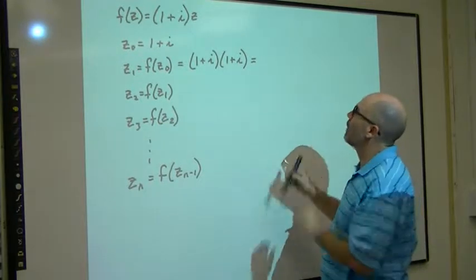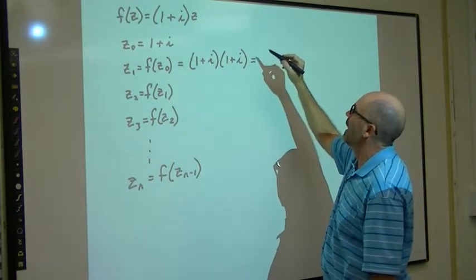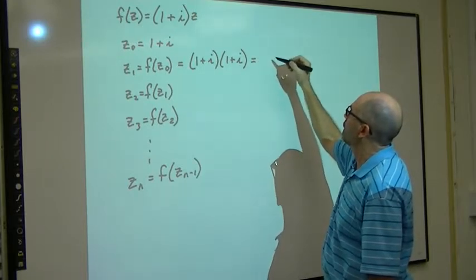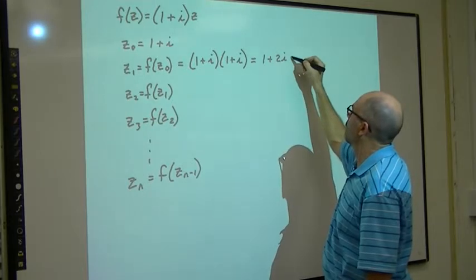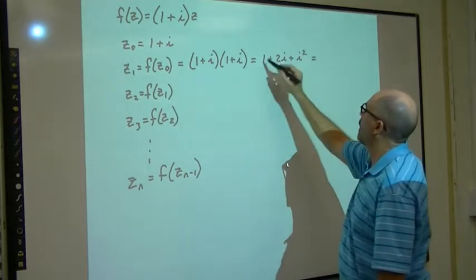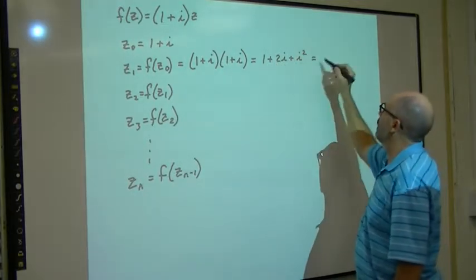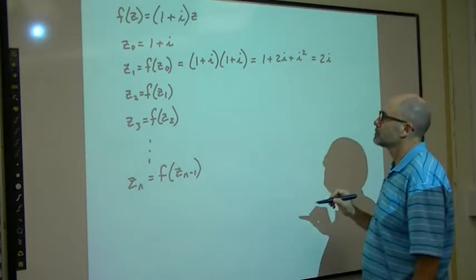All right, so we just go a plus b times a plus b, a squared plus 2ab plus b squared. Now we've got 1 minus 1 is 0, so we end up with 2i. So z sub 1 is 2i.